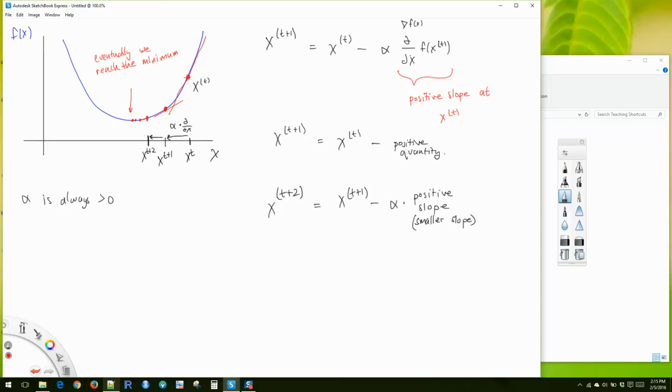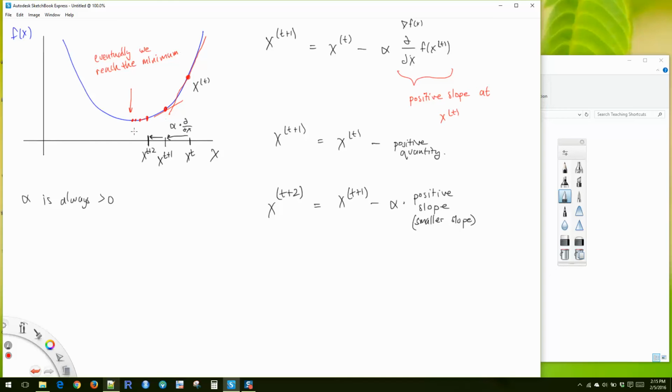So we're moving in the direction of descent. Okay? And then as we get closer and closer to the minimum, this derivative gets smaller and smaller, so we don't have to really adjust alpha. The steps just get smaller on their own because the derivative or the gradient will be shrinking, okay?